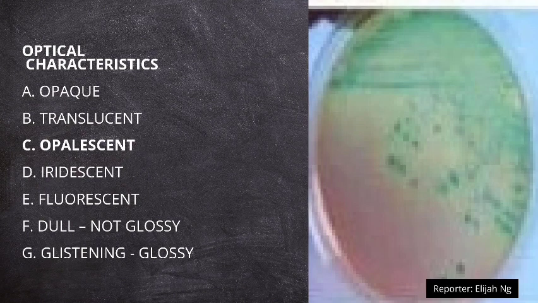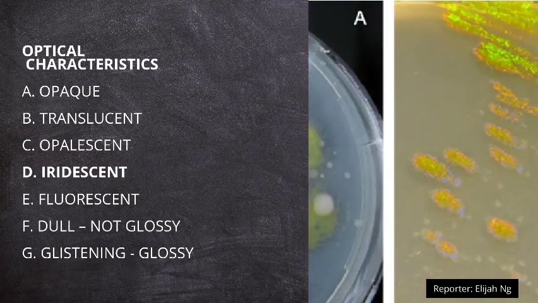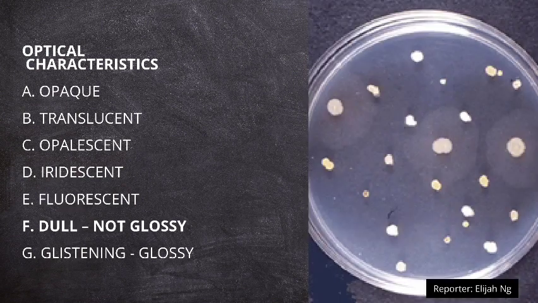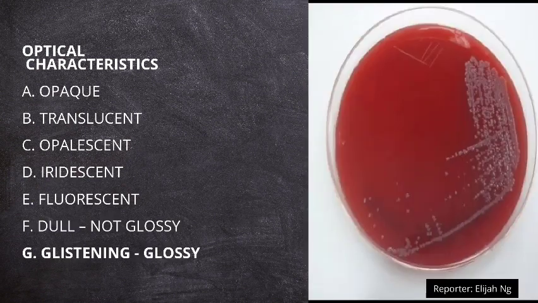And the fourth one is iridescent, which exhibits changing rainbow colors in reflected light, which is rather cool. The fifth one is fluorescent, having one color by reflected light and another by transmitted light. Second to the last would be dull, which means it's not glossy. The last one is glistening, which is glossy.